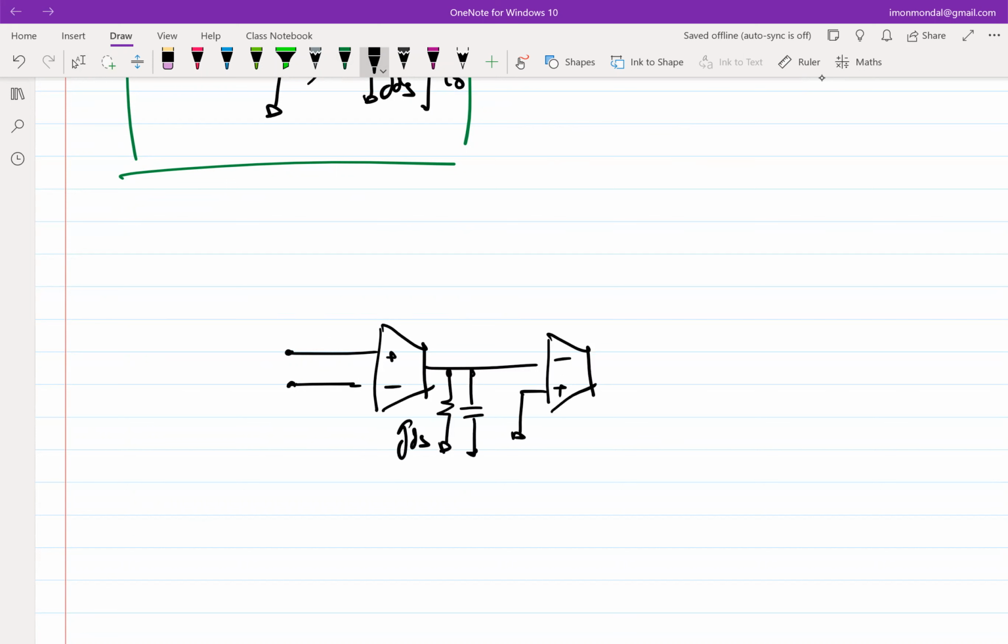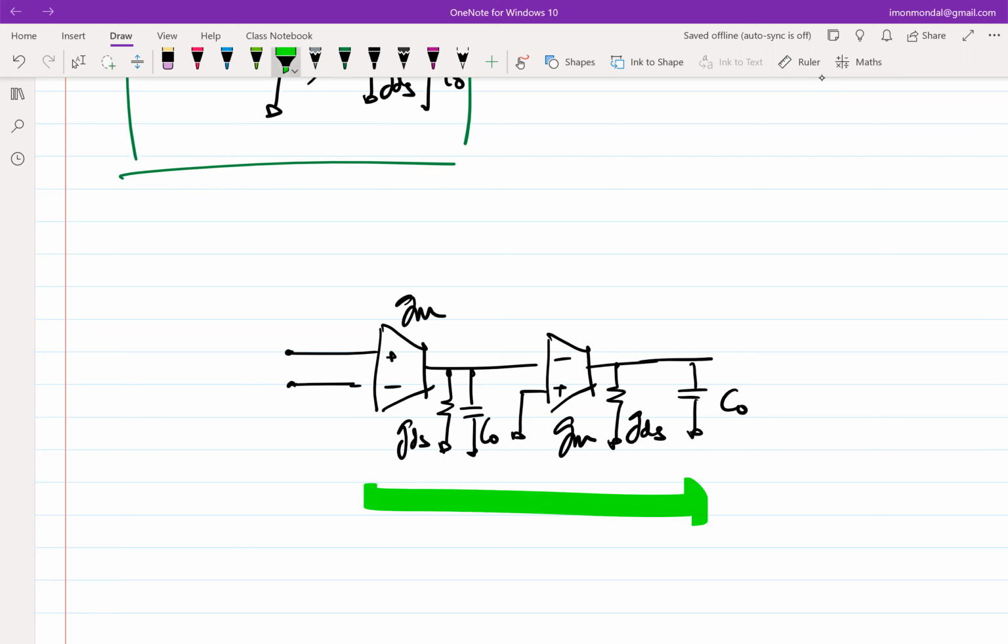Let's assume both are identical. So this entire stuff is my new GM.